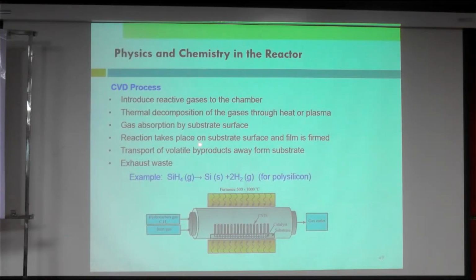So reaction takes place on the substrate surface and thin film is formed. And volatile byproducts are transported away from the substrate. This is the outlet gas. So basically, you can grow CNT, carbon nanotubes, or even the materials I mentioned before. And you can also grow silicon on the substrate as well, polysilicon.